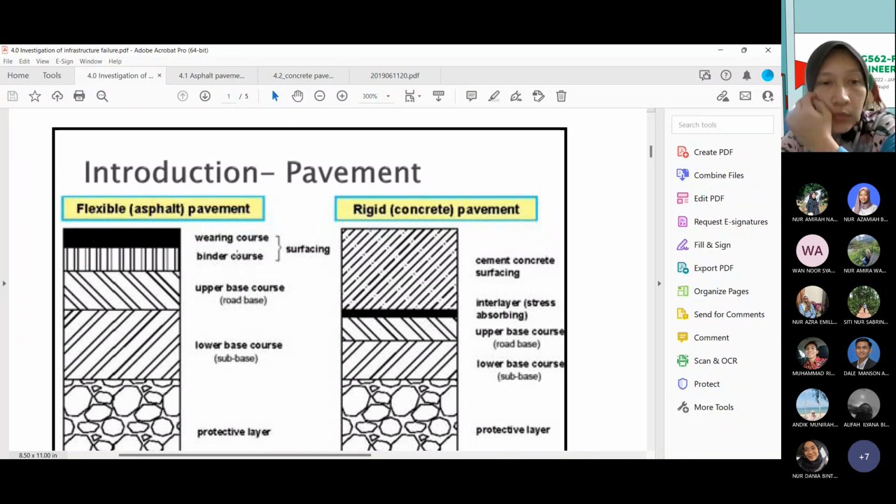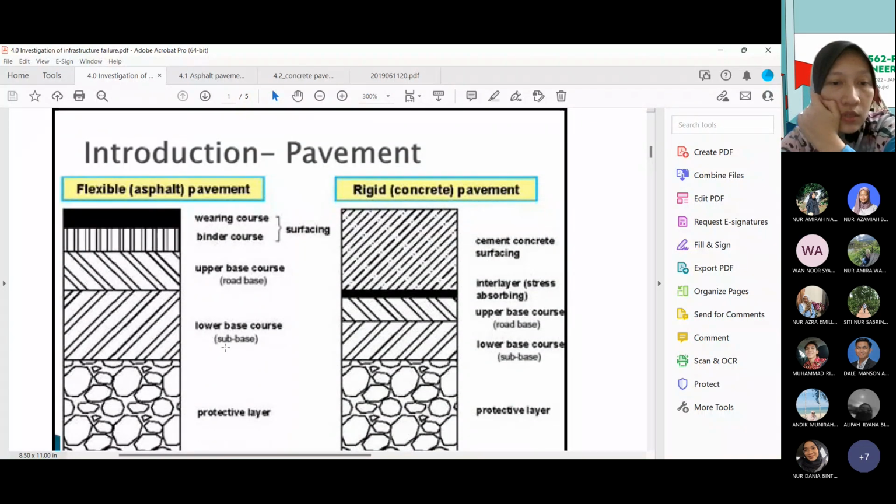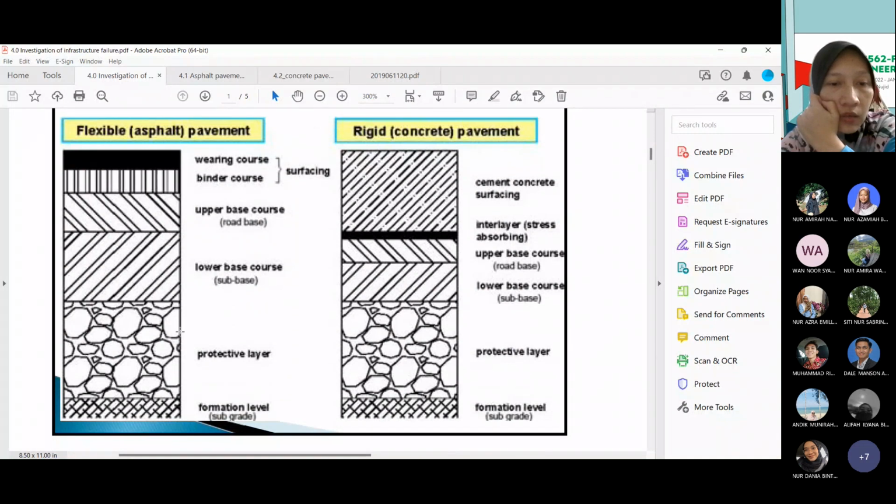So the surface of the pavement, the wearing course, binding course, you can see on top of it having an asphalt pavement. And below these surfacing layers, we also have an upper base course, lower base course, and also, some call it a subgrade.